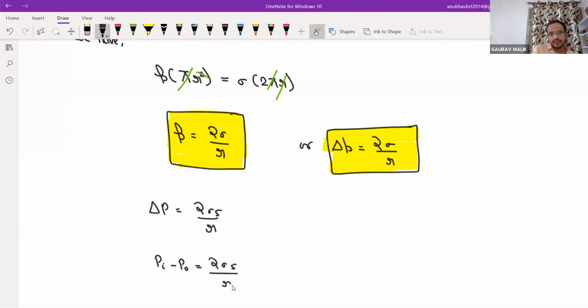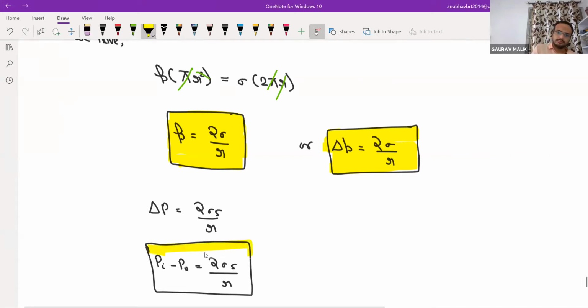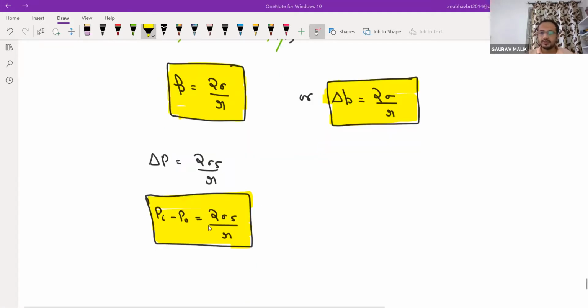Sigma S means surface tension. Note down up to this point. Our first derivation is complete.